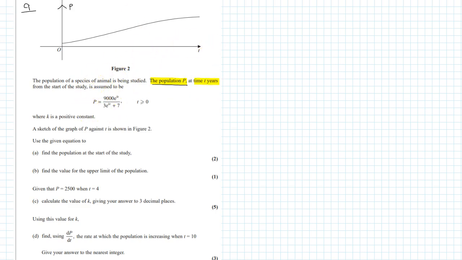So P is equal to 9000 e to the power kt divided by 3 e to the power kt plus 7, T is greater than 0 where k is a positive constant. A sketch of the graph of P against T is shown in figure 2. Find the population at the start of the study.